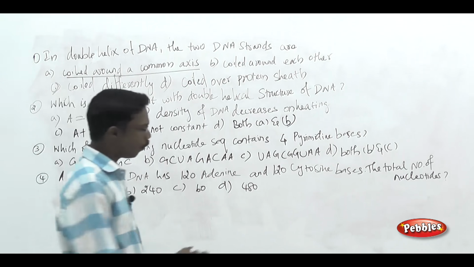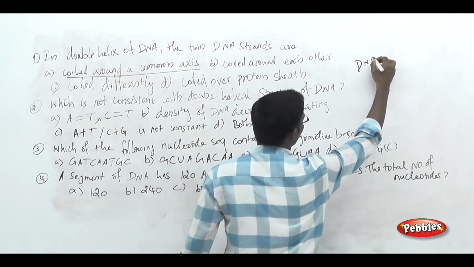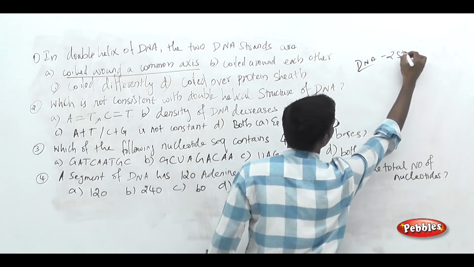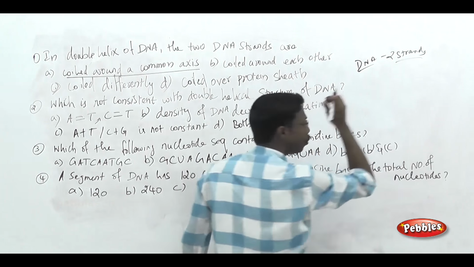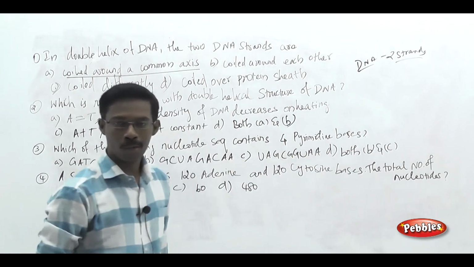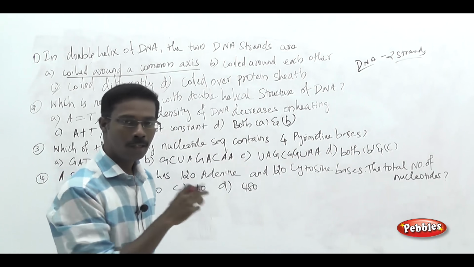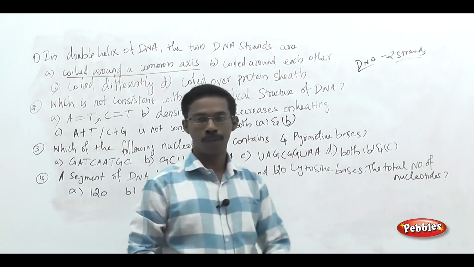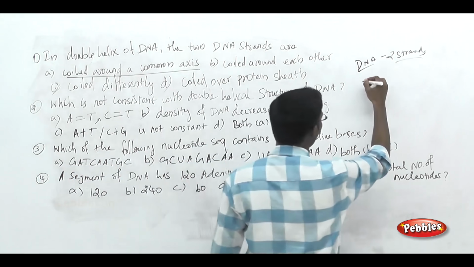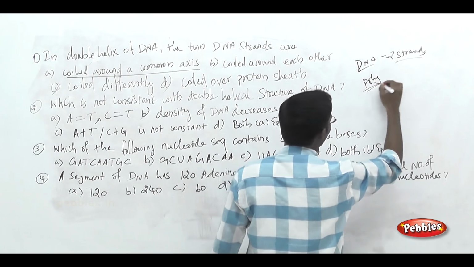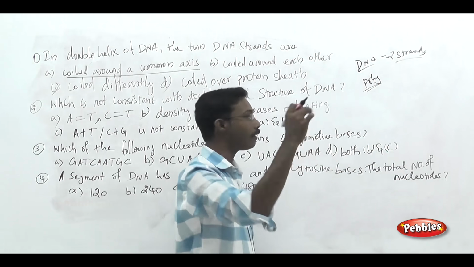We all know DNA is made up of two strands of polynucleotides. What is a polynucleotide? It is made up of monomers of nucleotides, so many nucleotides as a chain.